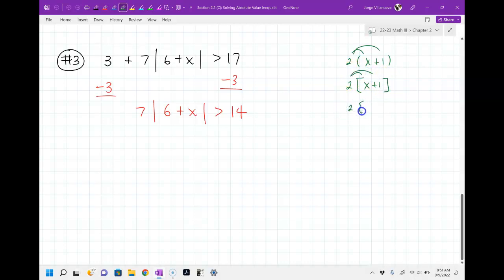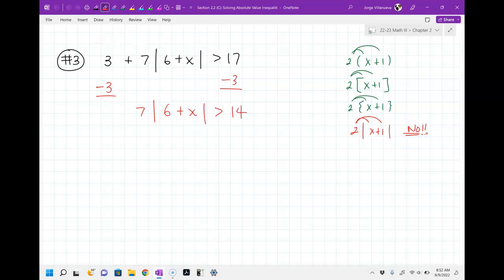If it looks like this, that's just another form of a parenthesis. That's called a brace. So a parenthesis, a bracket, and a brace. You can do all those, but never, ever do this. All right? Never distribute into an absolute value.